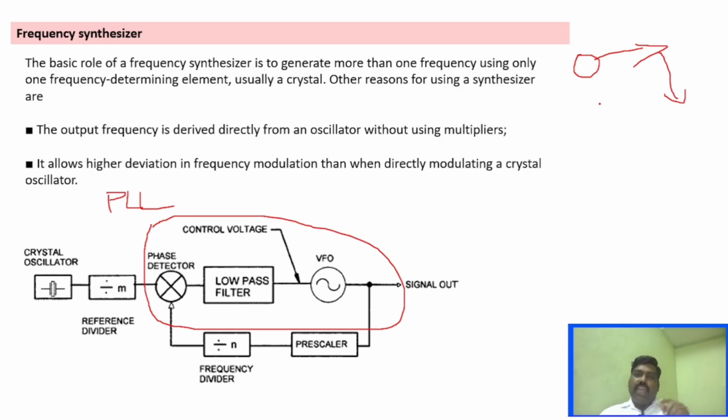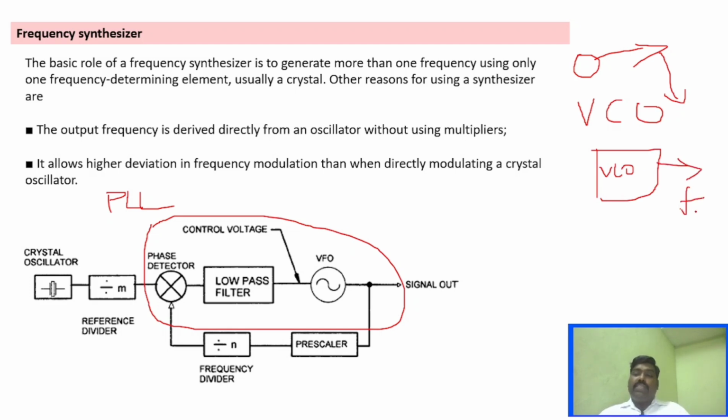When it comes to its working, in order to understand the PLL working, you have to know the working of the voltage controlled oscillator, right? We know that an oscillator is capable of generating signals, that is, generating frequencies. The voltage controlled oscillator generates a signal at a particular frequency.